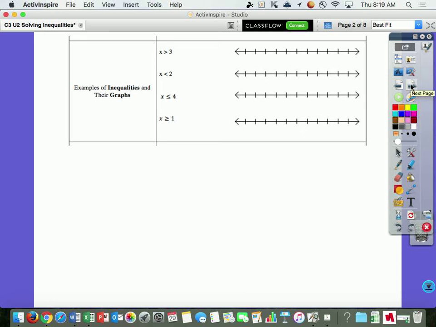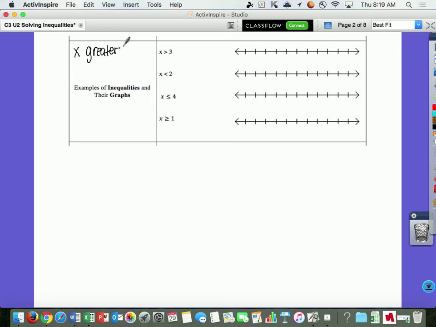Alright. So, now we're going to practice just graphing regular inequalities that we don't have to solve. So the first thing is you need to know how to read that. So this first one is read as x is greater than 3. Alright, x is greater than 3. And the reason we read that is because that is the greater than sign. The next one we are going to say x is less than 2.